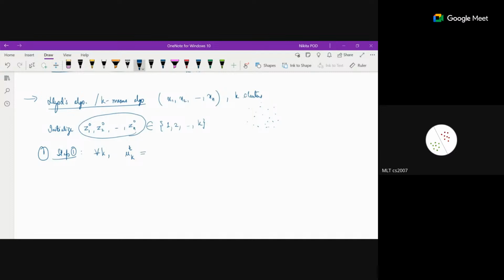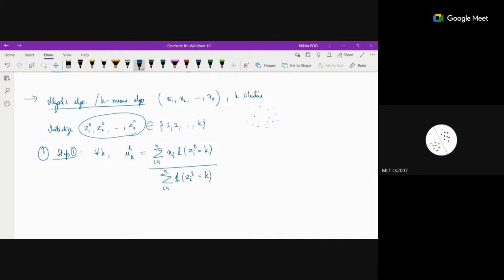And what should this be? This should be again the sum over xi's, indicator of zi for the tth iteration is equal to k, where i is varying from 1 to n, divided by the sum over the indicator of zi to the power t is equal to k.